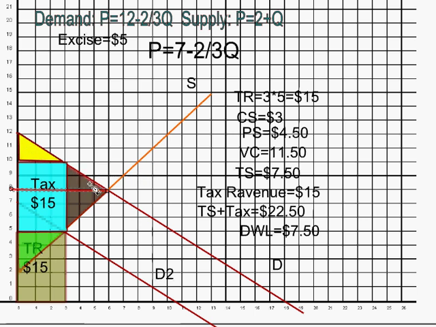Whoever's slope is flatter will end up paying less of the tax. And it's related to elasticity. The flatter the slope, the more elastic you are. In this case, the consumers are more elastic, and so they're going to pay only $2 of the tax. The businesses pay 3.